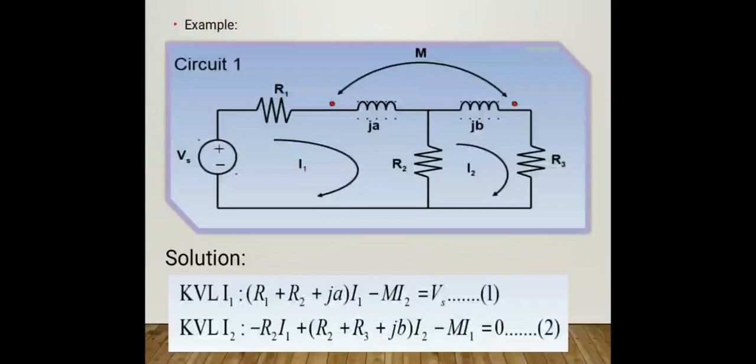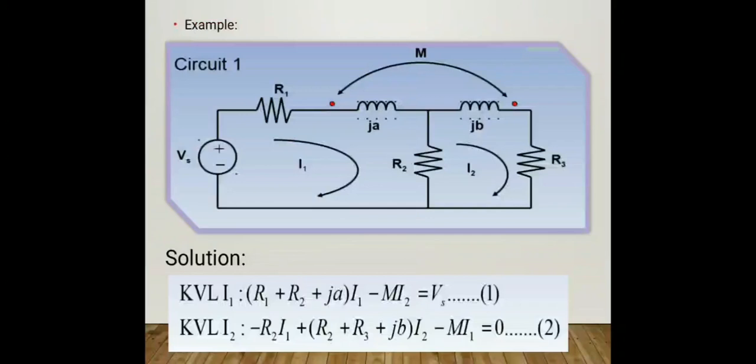Okay, consider a loop. Let me apply KVL. Normally it is R1 plus R2 plus jωLA times I1. But in the inductor, mutual inductance is created due to LB and its current, that is I2. In that circuit, the I1 current enters the coil and the I2 current leaves the coil, so the mutual inductance is negative, so minus jωM I2.